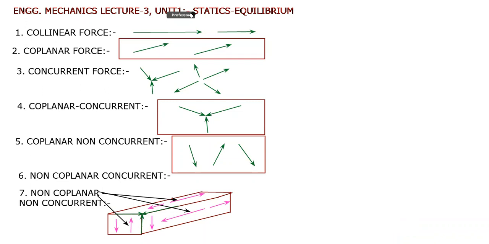So the sixth one is the non-coplanar concurrent, and the seventh one is the non-coplanar non-concurrent. So in this diagram, we got most of the points explained diagrammatically. So I hope that you got all these points cleared.